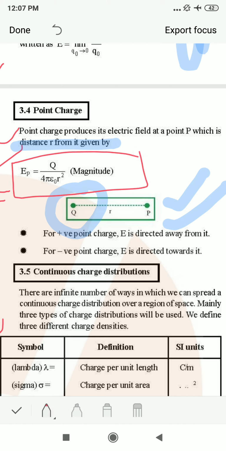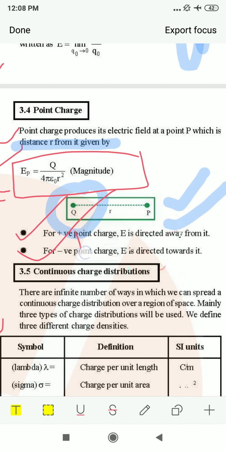EP means the electric field intensity at point P, and this r square is the distance between the point charge and where the electric field is produced. So we have studied that for a positive point charge, electric field intensity E is directed away from it, and for a negative charge, electric field is directed towards it.